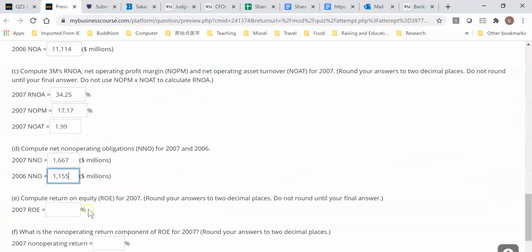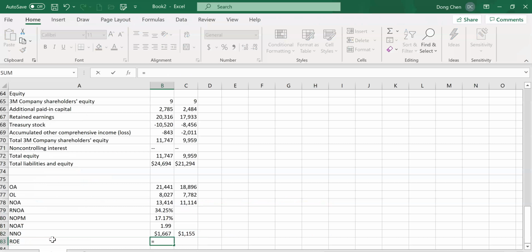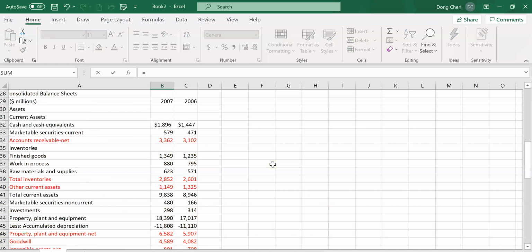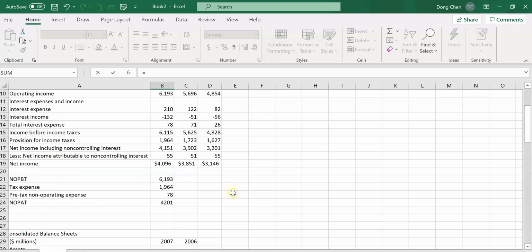And compute return on equity. Round your answers to 2 decimal places. Do not round until your final answer. So ROE is defined to be net income divided by the average level of the shareholders' equity. Net income here has 2 numbers.